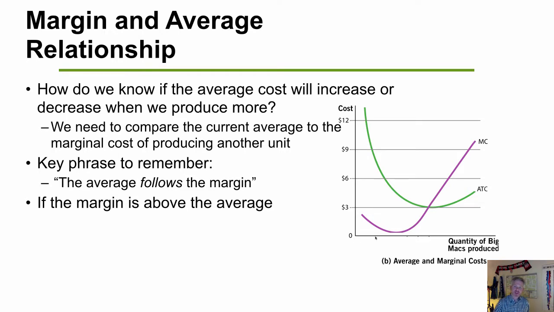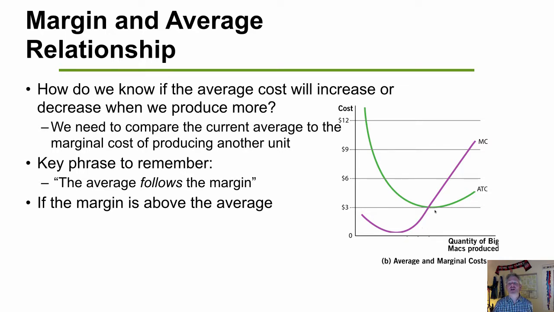So notice when we start out here with a few Big Macs, the marginal cost is falling and it's pulling average total cost down. Then we get where marginal cost starts to go up, but it's still below average total cost. So the average total cost is still being pulled down by the marginal cost curve.